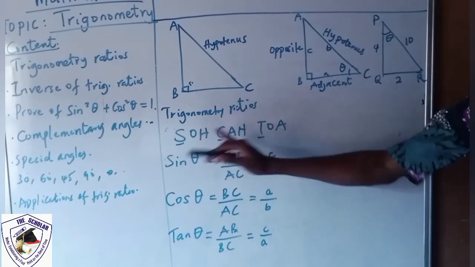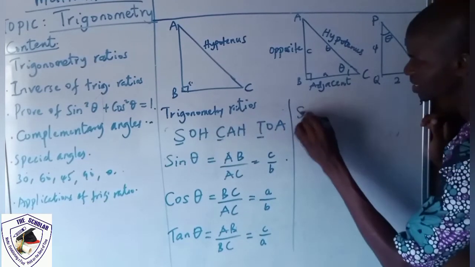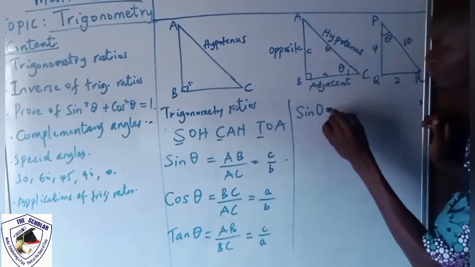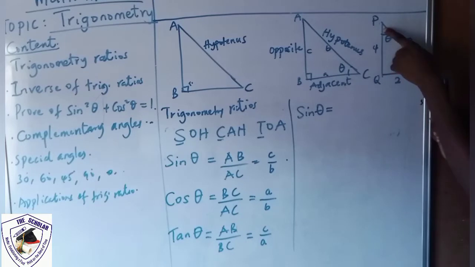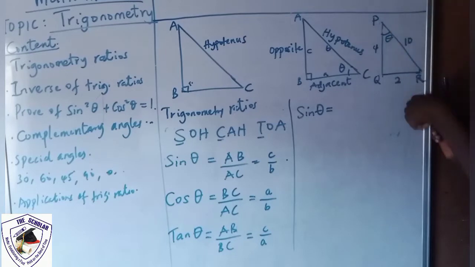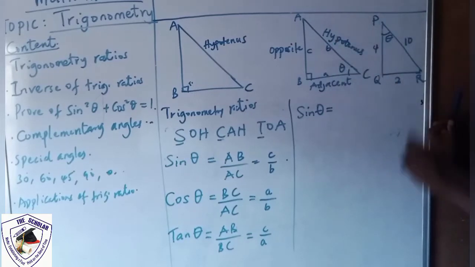Following the same approach, I can define my sine theta from this diagram. You look at the angle now, it's placed at P. And since it's placed at P, where is that angle theta facing? It's facing line QR, which is the 2. So the position of the opposite has been altered compared to the first diagram.